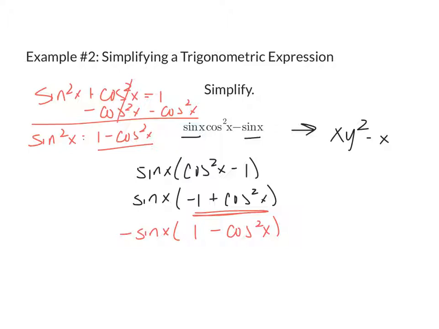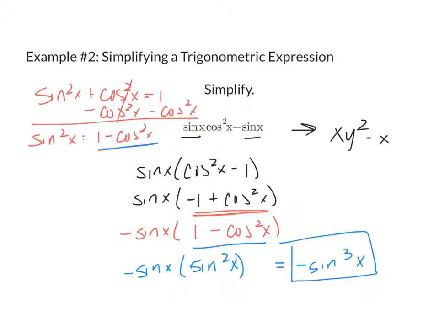Now this 1 minus cosine squared x is the exact same as what we have over here, which means it is the same thing as sine squared x. So this is negative sine x times sine squared x, which is going to give you negative sine cubed x. And that is your final answer for that expression. Sorry, this is really messy.